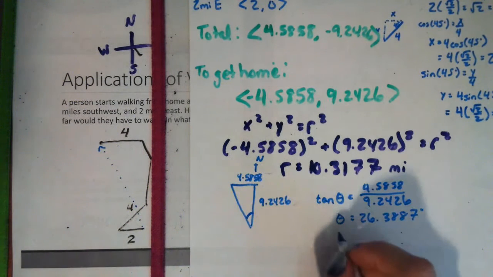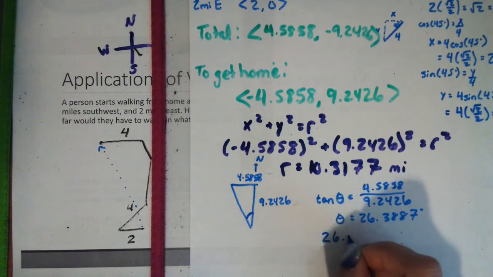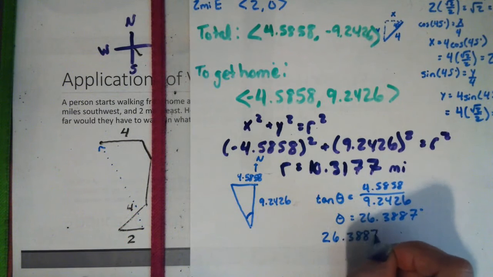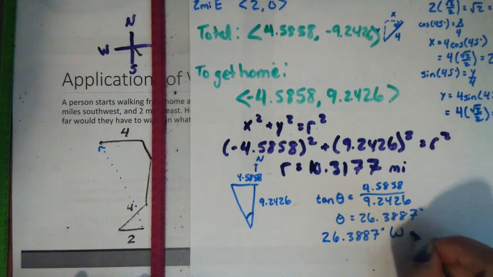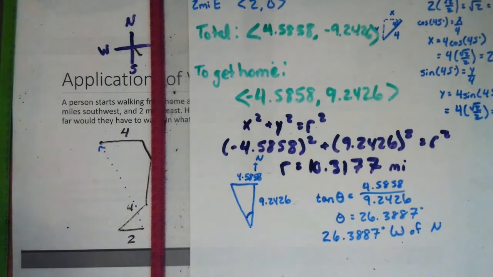So we would say that this person needs to walk 26.3887 degrees west of north. So start by facing north, turn 26.3887 degrees west, walk for 10.3177 miles, and they should make it home just fine, with rounding issues and variability.